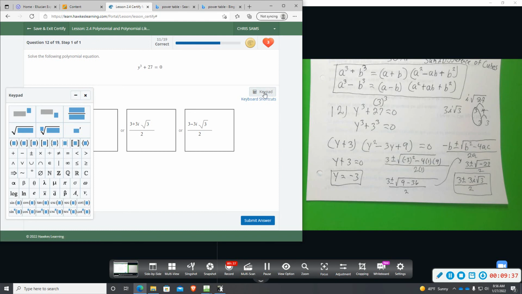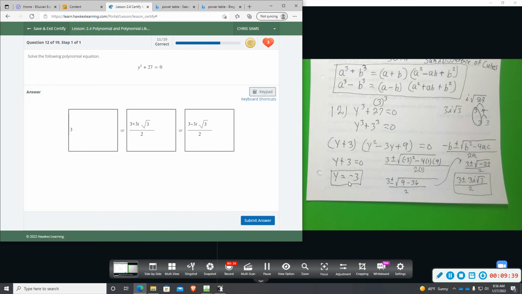So let me just make sure everything's in correct. Okay, so I messed up. I should be putting a negative 3 here. I jumped ahead of myself. So negative 3, and then 3 plus and minus 3i square root of 3 over 2. Okay, looks good.